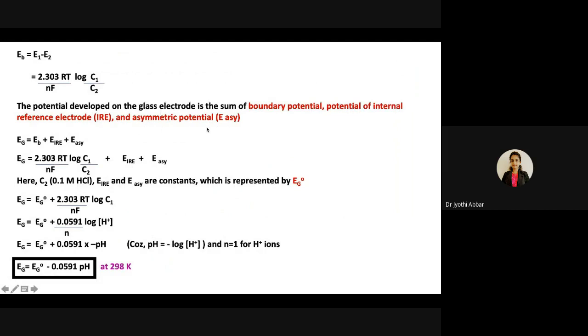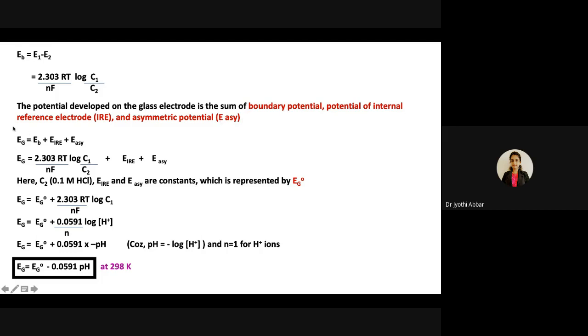So what is asymmetric potential? When the concentration of H+ ions is the same on either side of the membrane, theoretically no potential should be developed across the membrane, but practically some potential is observed. That potential is called the asymmetric potential.